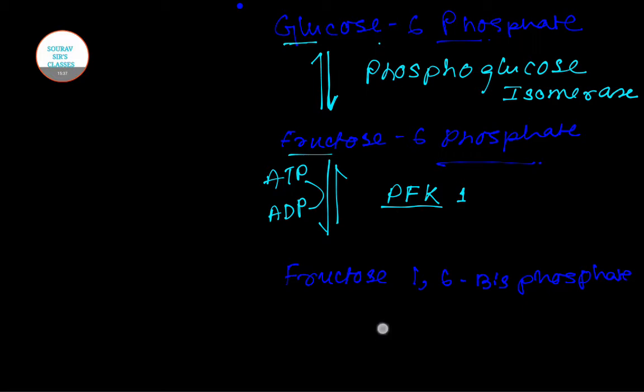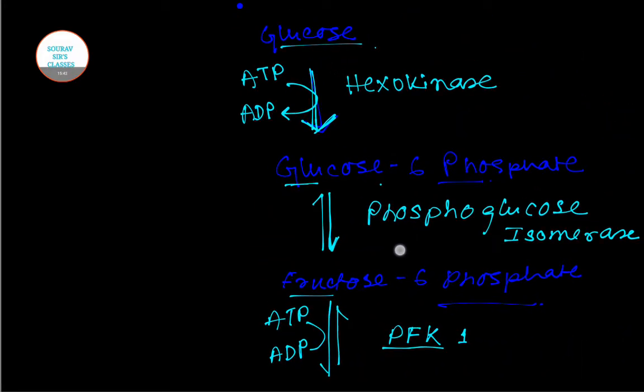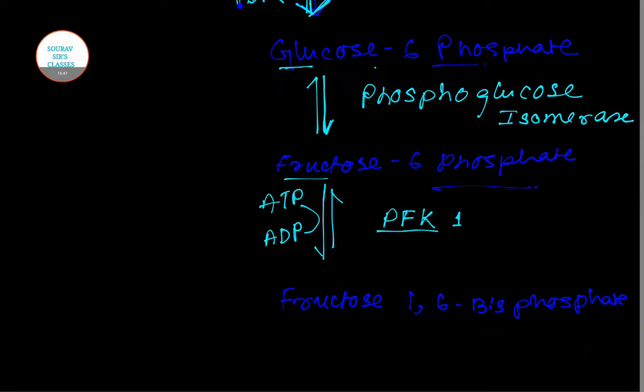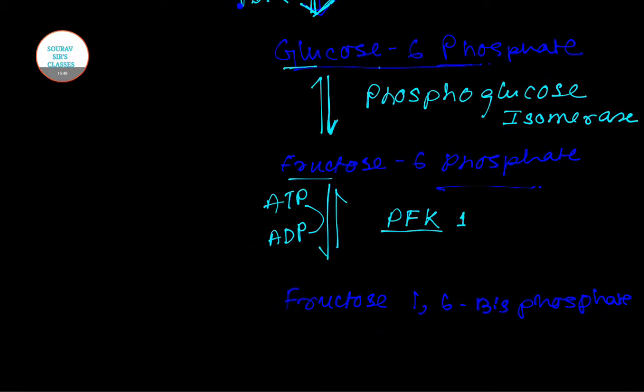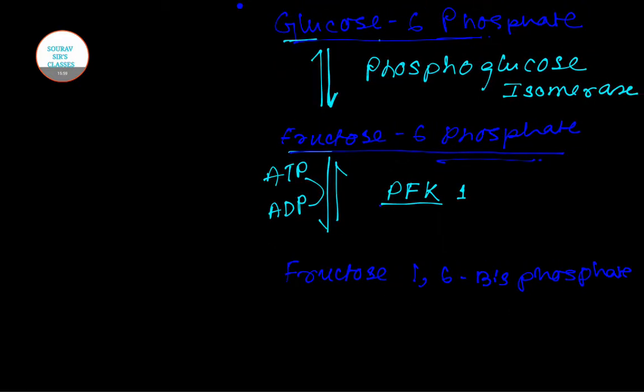So glucose is first converted to glucose 6-phosphate, and then there is an isomerization reaction, glucose 6-phosphate to fructose 6-phosphate, and then another molecule of ATP is consumed, and here the enzyme is phosphofructokinase 1, forming fructose 1,6-bisphosphate.